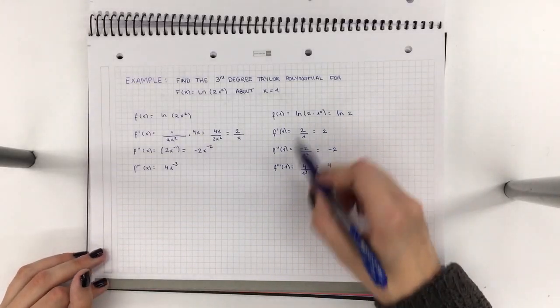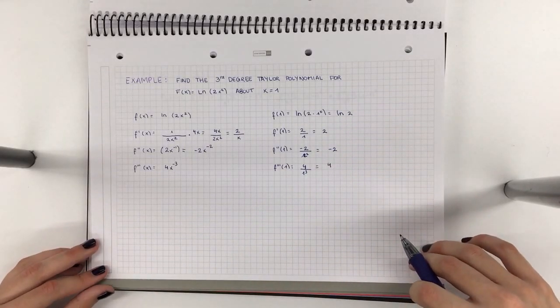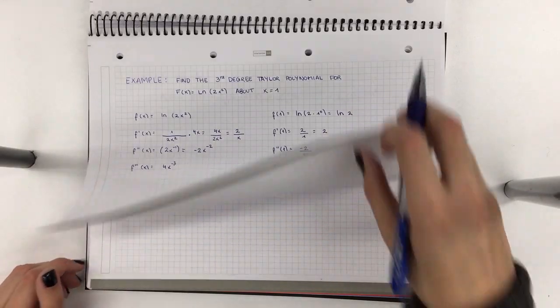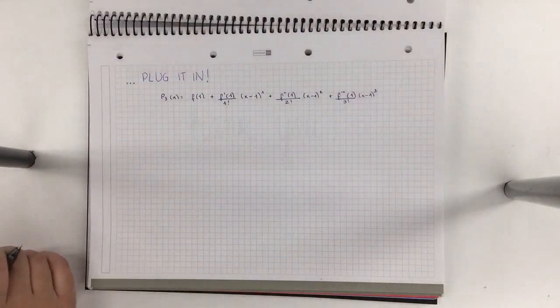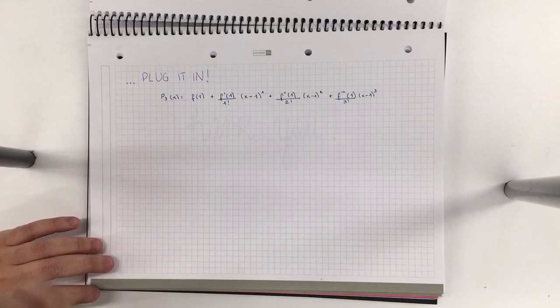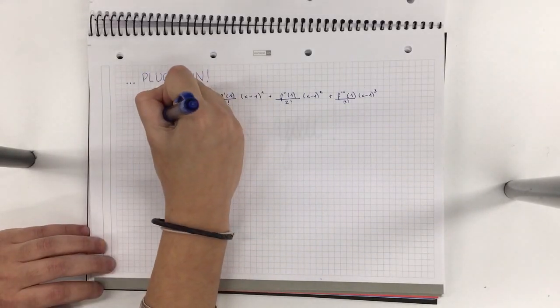So basically, now that we have all of the values, we just have to plug them into the general formula. Okay, to plug it into the formula, we just have to replace the values in the formula.